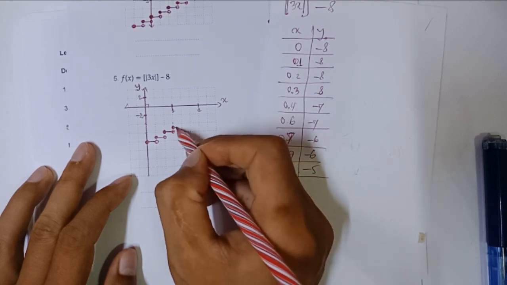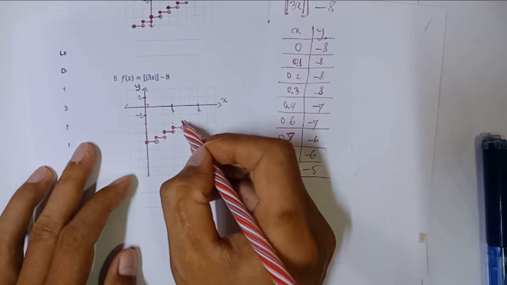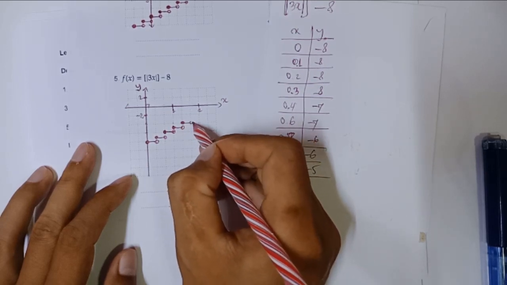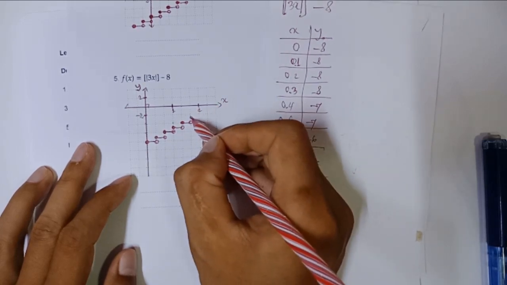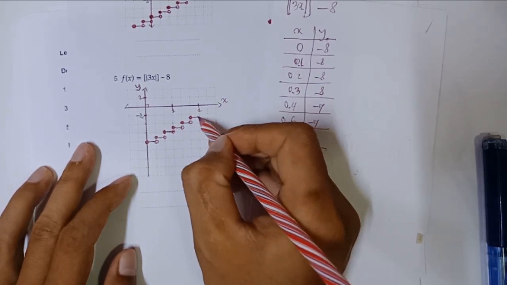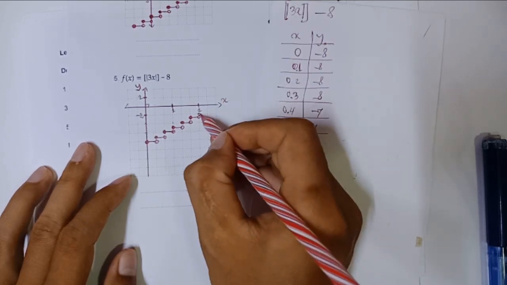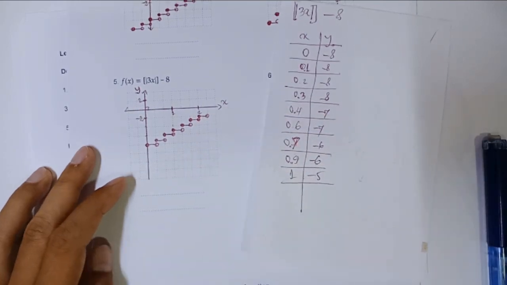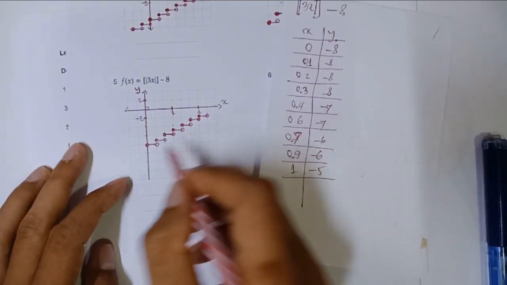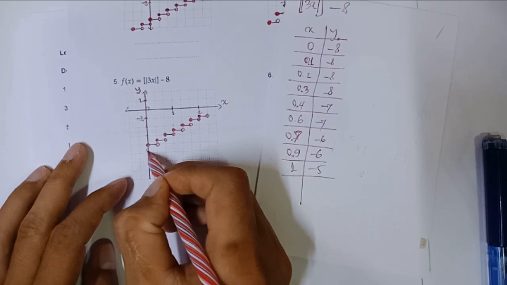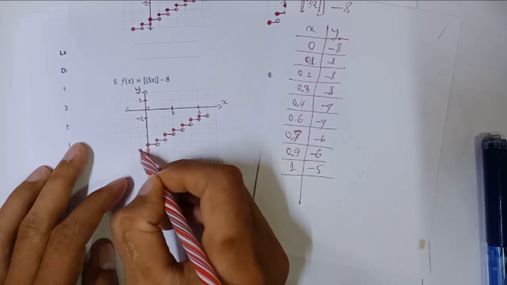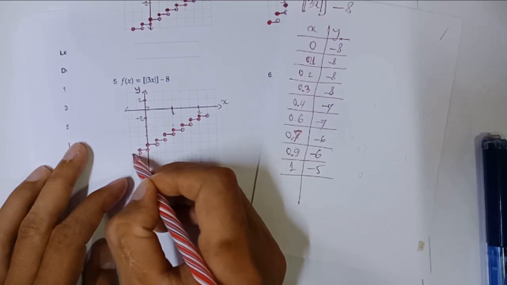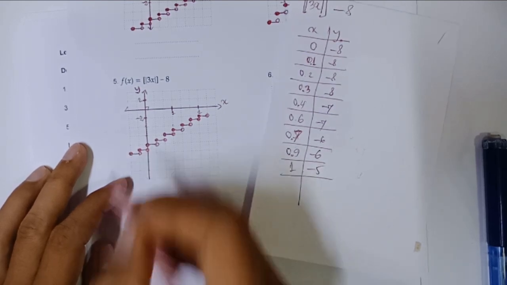Solid circle, open circle, solid, open, solid circle, open. You can also extend this one to this side: solid, open circle, solid circle, and then open to solid circle like this.